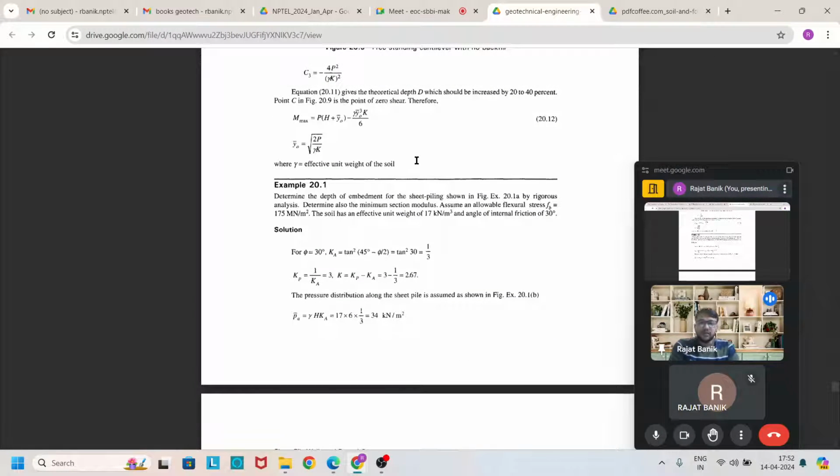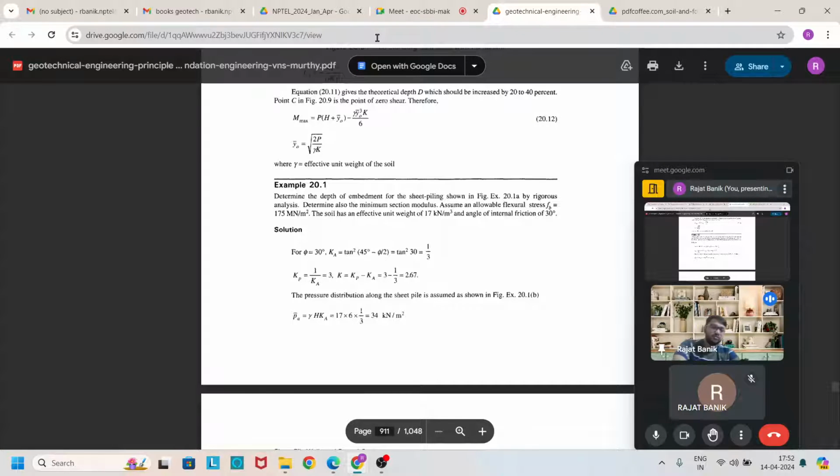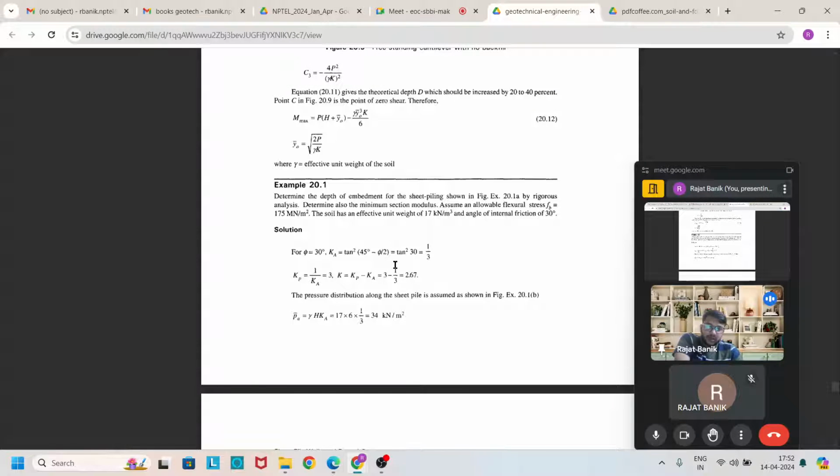It is given that we determine also the minimum sectional modulus. The allowable flexural stress is given, and also the effective unit weight of soil is given, and the angle of internal friction is also given, 30 degrees. So first we find out Kp and Ka.